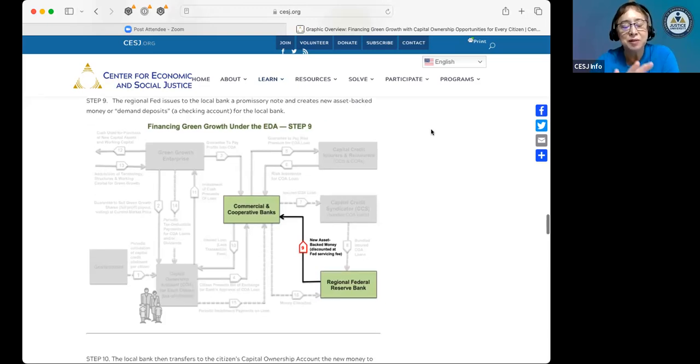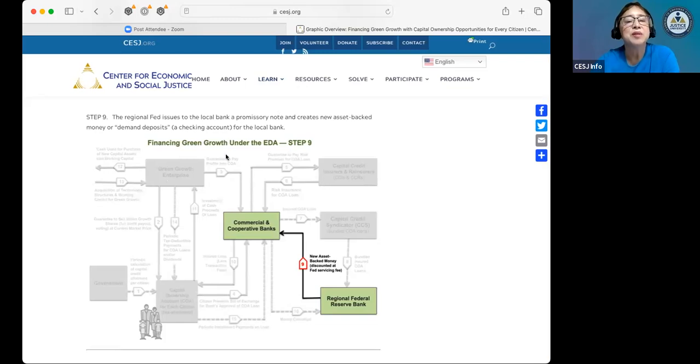You can go back through these diagrams and ask more questions, but this covered the idea of the regional bank issuing a promissory note to the commercial bank. So all along these chains, the same bill of exchange is backing all of these transactions.